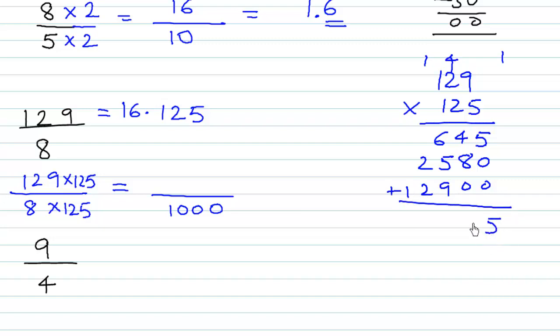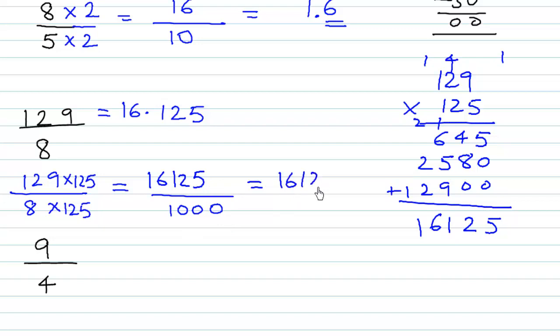We have 5, 2, 1 carry, 6 plus 1 is 7, 7 plus 5 is 12, and 12 plus 9 is 21, 2 plus 2 plus 2 is 6, and 1. Yes, we get the same thing, 16,125.